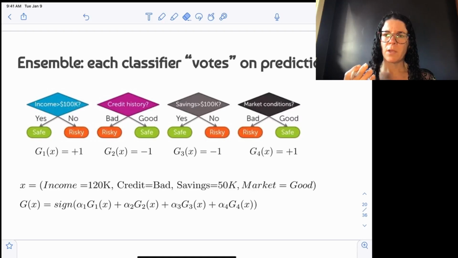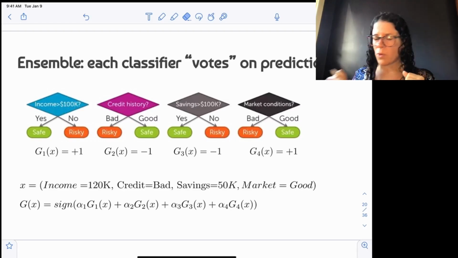So it makes sense that at the end we just take the sign. If there is more weight on the +1, we get a +1 in our prediction. If there is more weight on the -1, we get a -1 in our prediction.